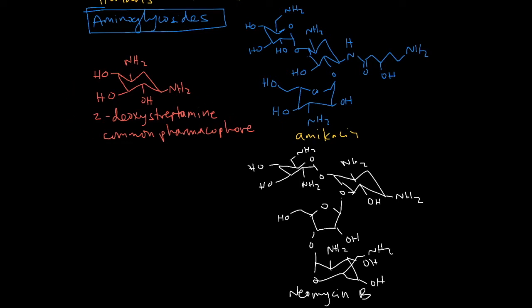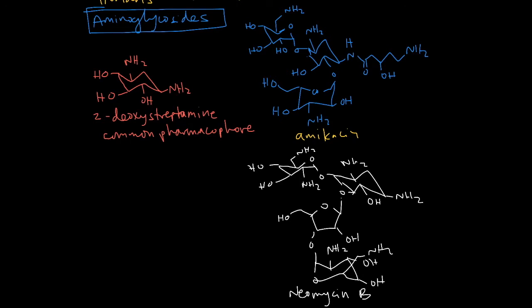It looks like a sugar, a 6-carbon ring with some oxygens attached, and it has amines. So look for the sugar-looking molecule with amines, and that's the common pharmacophore, 2-deoxystreptamine.